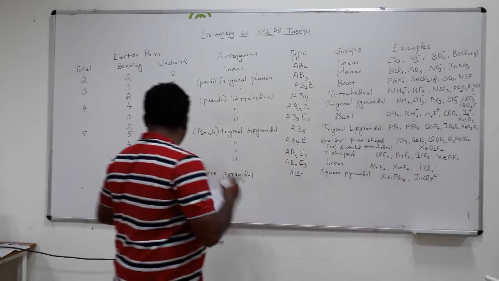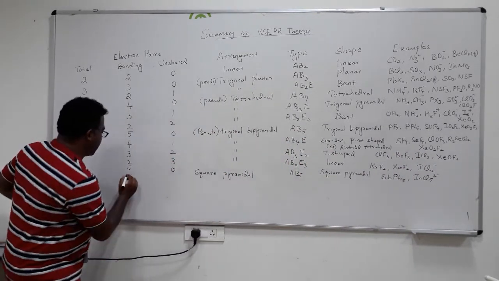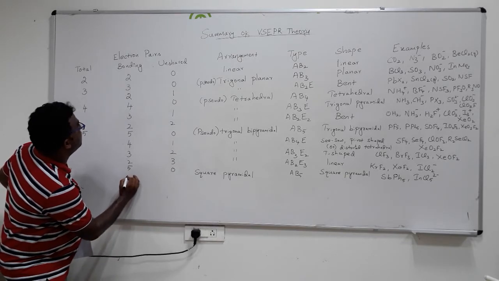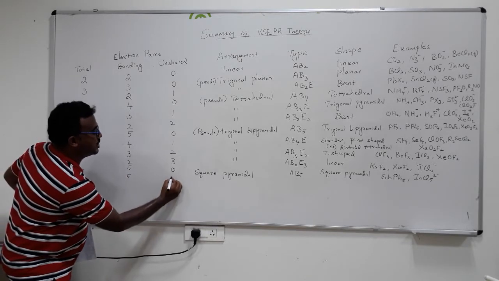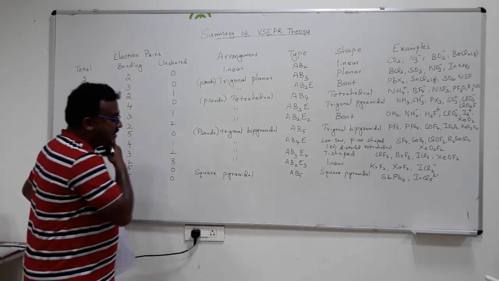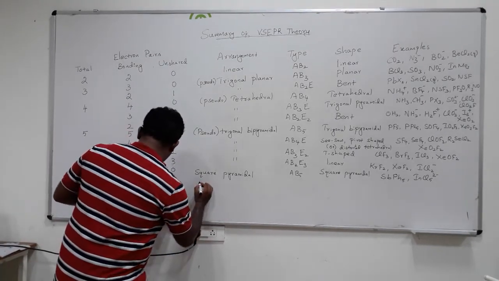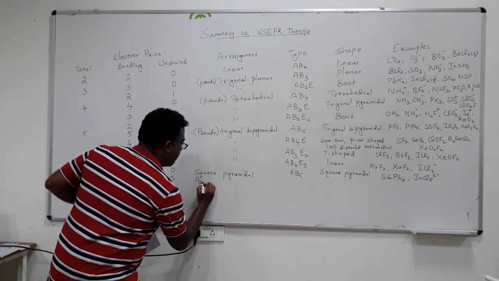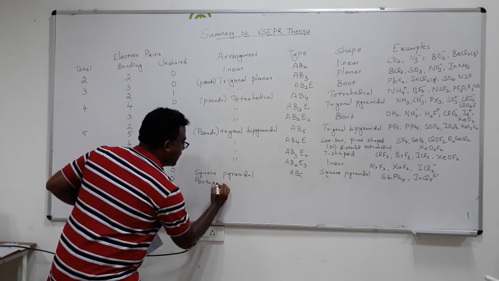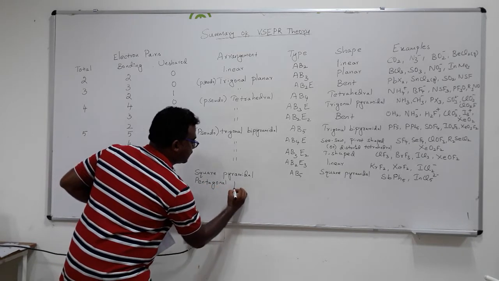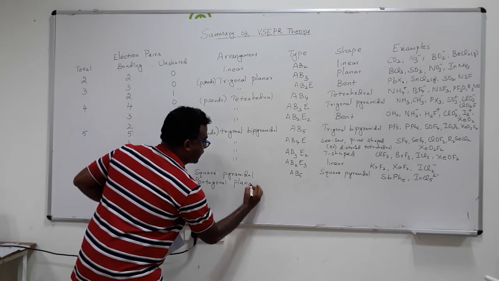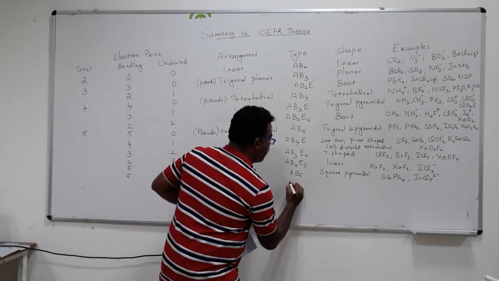And then we have one more type of molecule. Again there are 5 bonding electron pairs and 0 unshared pairs of electrons. The arrangement is pentagonal planar. The type will be AB5.